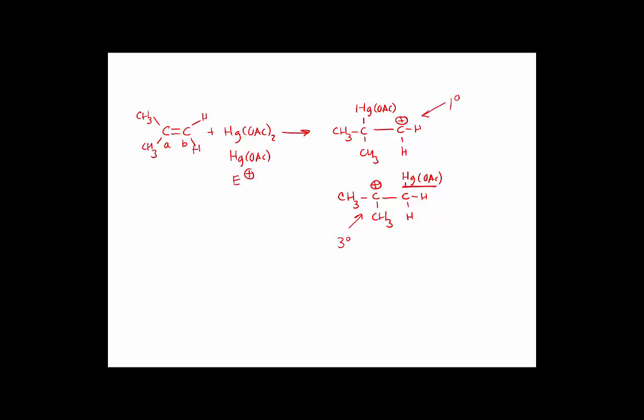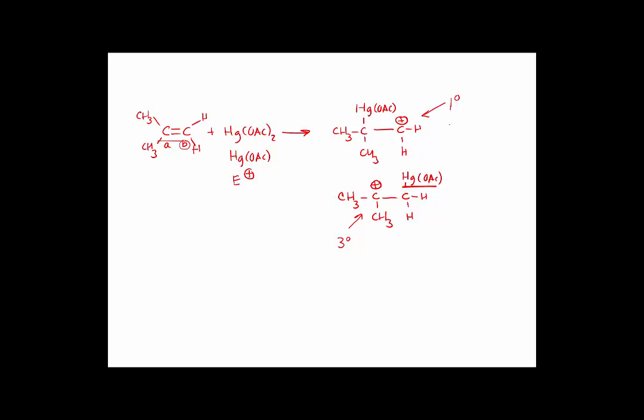Where did the mercury add here? It added to B. Right? That carbocation is a tertiary carbocation versus primary. I'm not even allowed to write that, am I? John? So the mercury adds to the carbon.